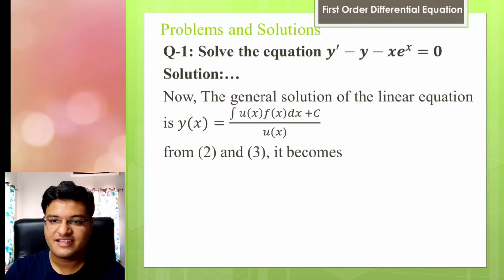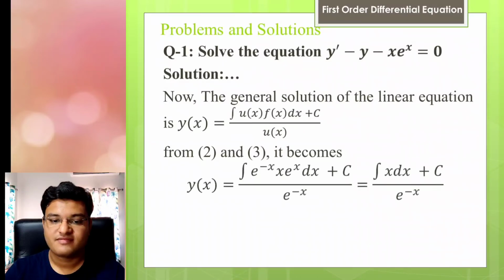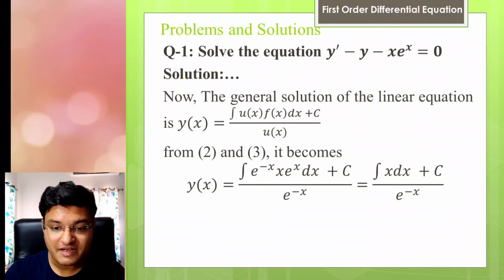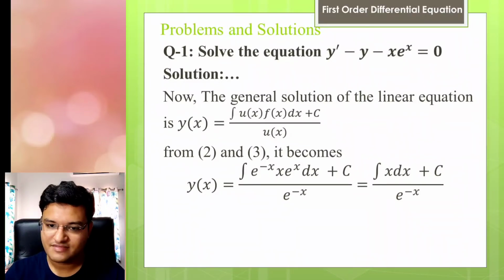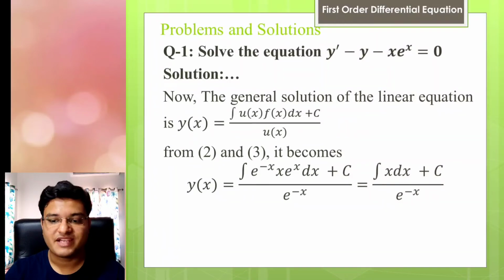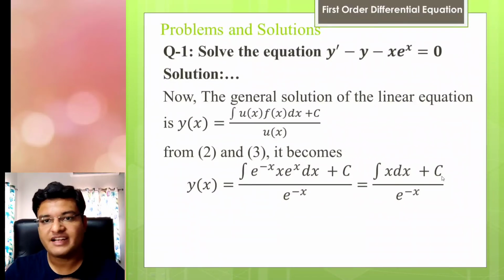From 2 and 3 it becomes y of x is equal to integration e to the power negative x into e to the power x dx plus c upon e to the power negative x. We have just put the value of u of x and f of x. Then y of x becomes integration x dx plus c upon e to the power negative x.